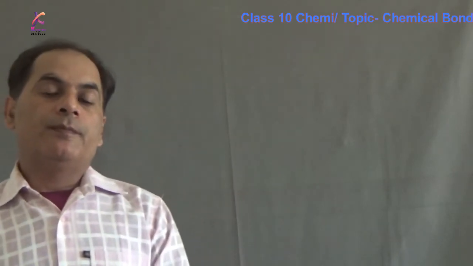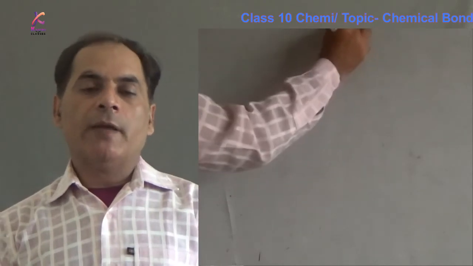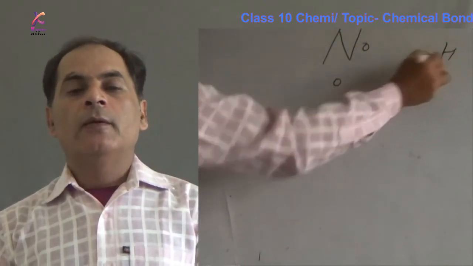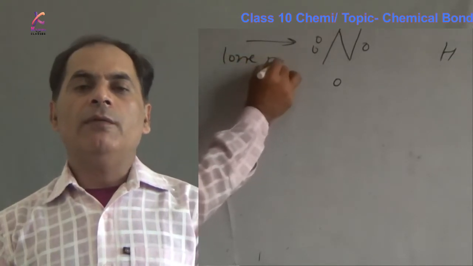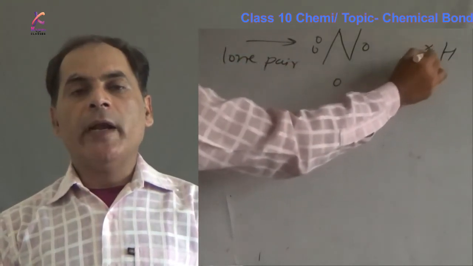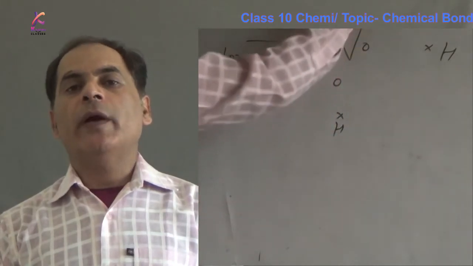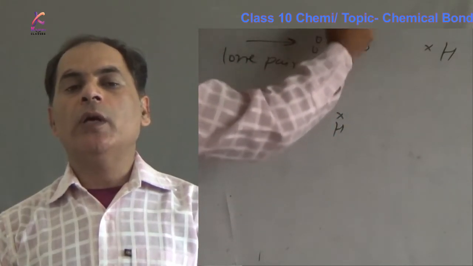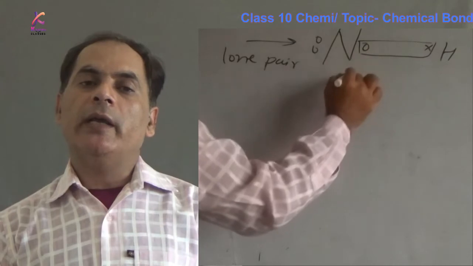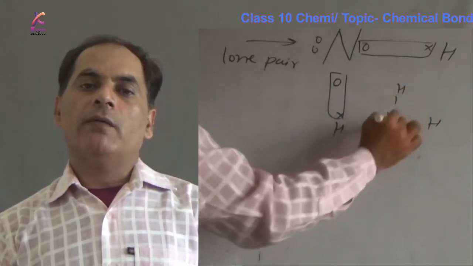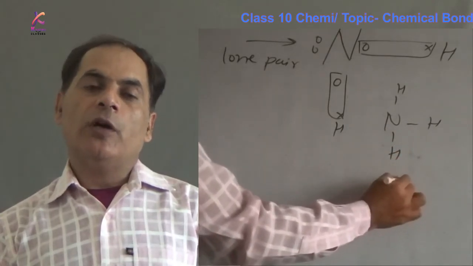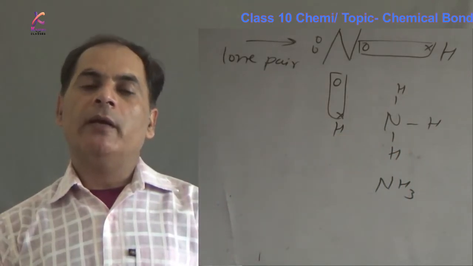Now the coordinate bond. A coordinate bond is formed if any atom has a lone pair of electrons. That atom can form a coordinate bond. A coordinate bond is formed when one atom donates one pair of electrons to another atom which is already electron deficient, meaning the atom which requires 2 electrons to complete its octet or duplet.